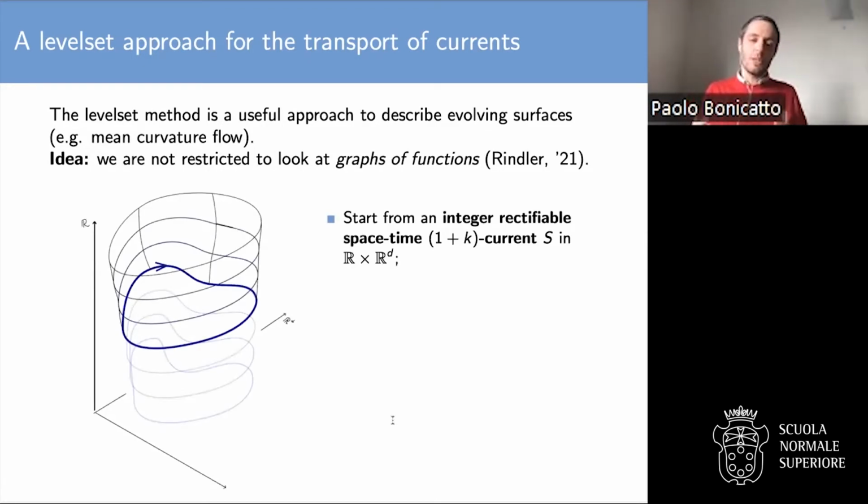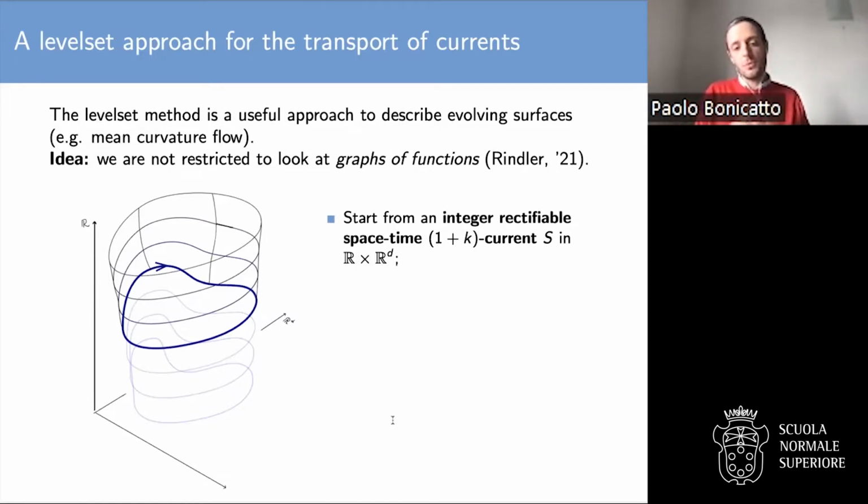So suppose that you start now from a pipe, a cylinder, in one dimension more. So suppose that you're given this k+1 integer rectifiable current in the space-time, right? So here the basic idea is to add one dimension to see what happens in one dimension more.